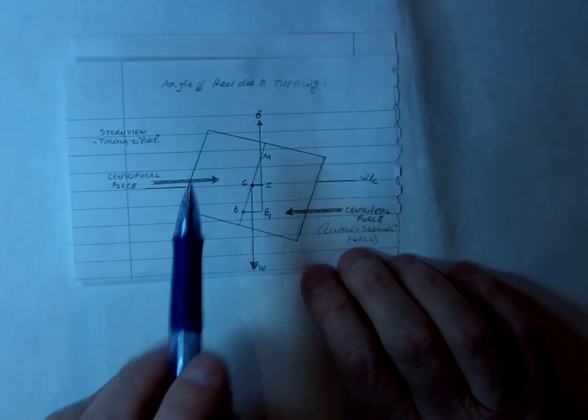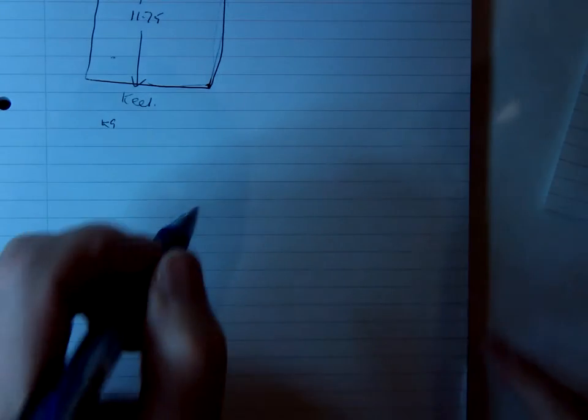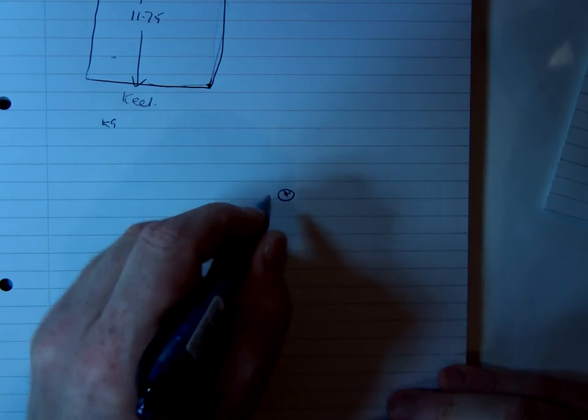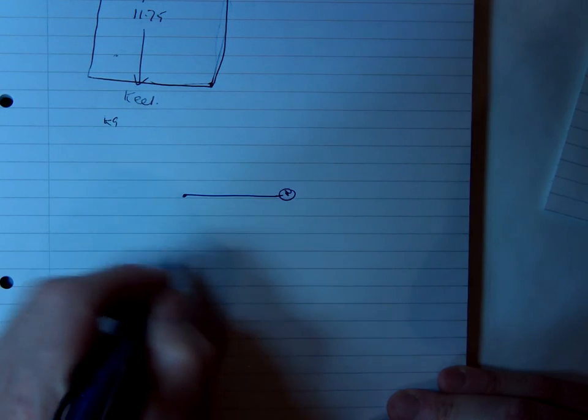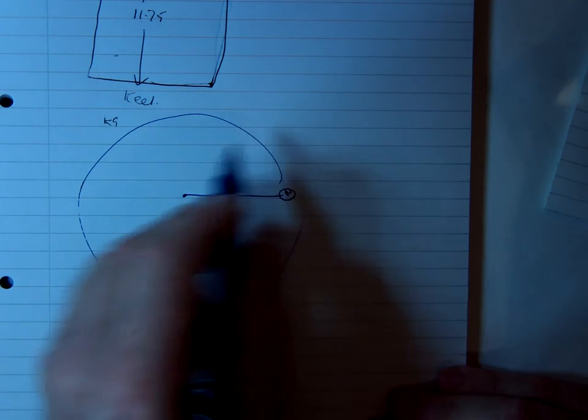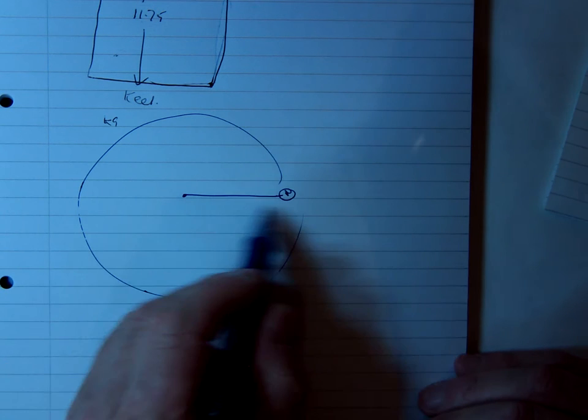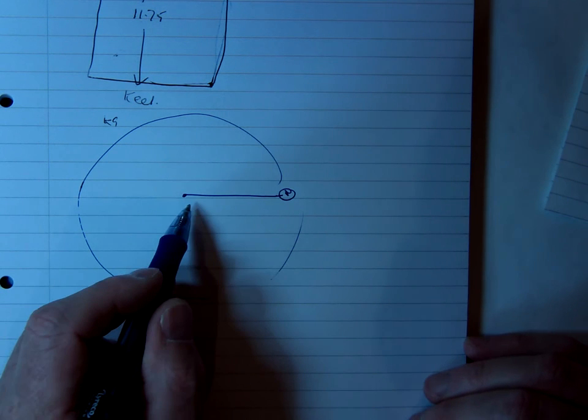If you were to have something on the end of a string that you were swinging around in a circle, you'd have a centre seeking force and a centre fleeing force.